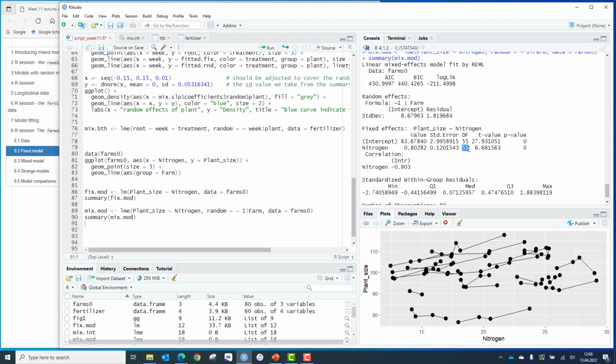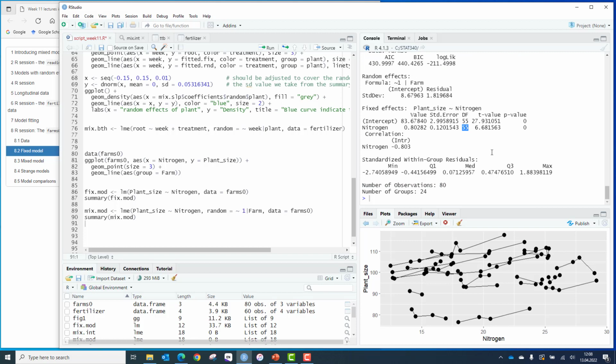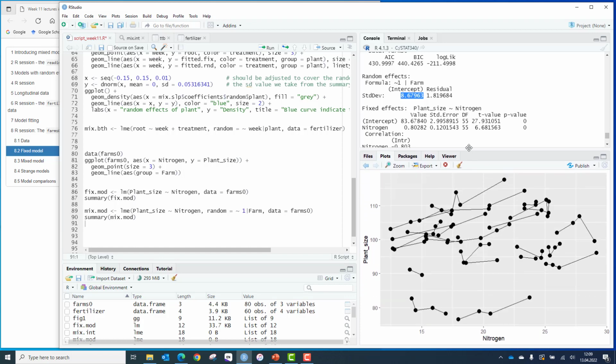And notice that we have fewer degrees of freedom now because we have a more complex model, but the standard error for nitrogen is super small, because now we have this standard deviation, right? The farm effect is huge. And that has nothing to do with nitrogen affecting plant size. The farm effect is the effect of farm, of location, right? And that is now taken care of by this term. That's why we can have this very small variation here now.